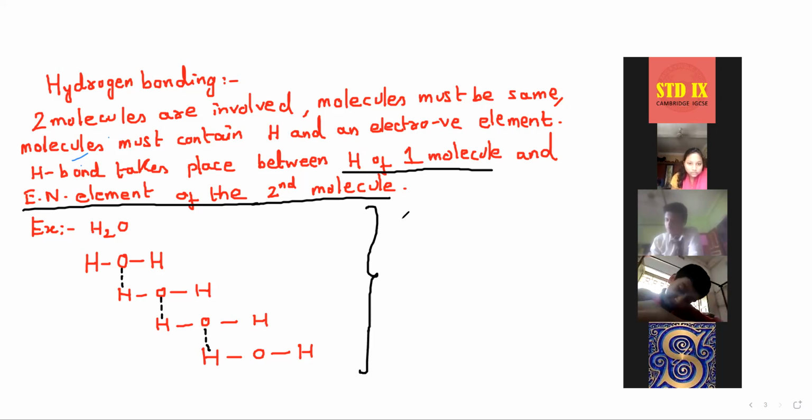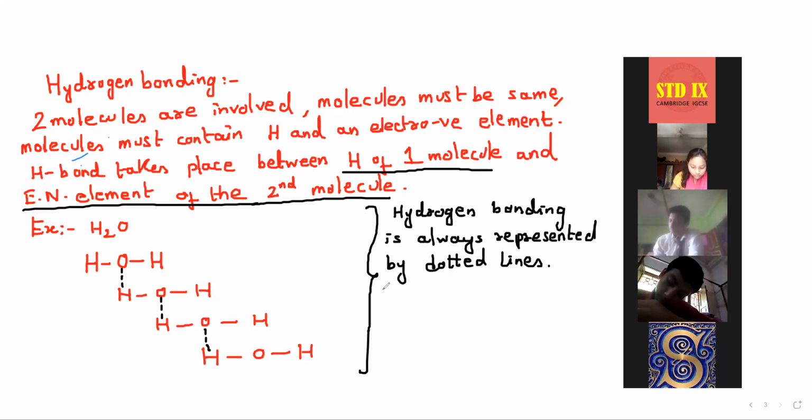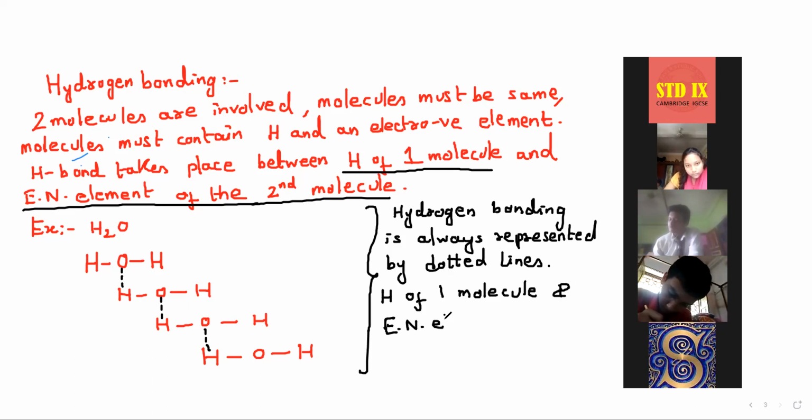Please remember, hydrogen bonding is always represented by dotted lines, between H of one molecule and the electronegative element of the second molecule.